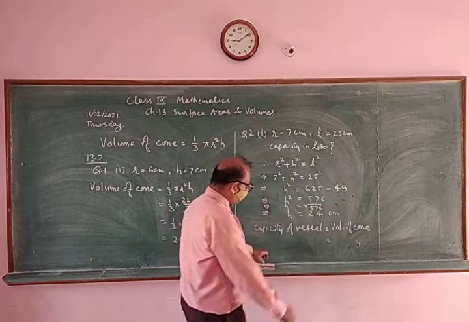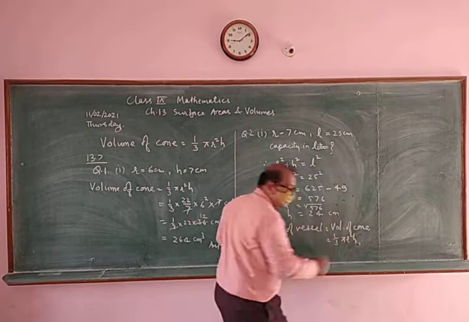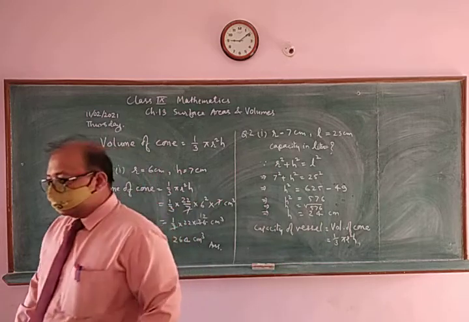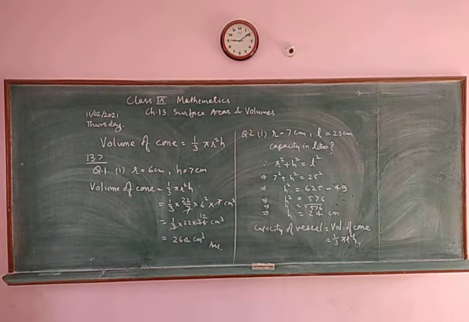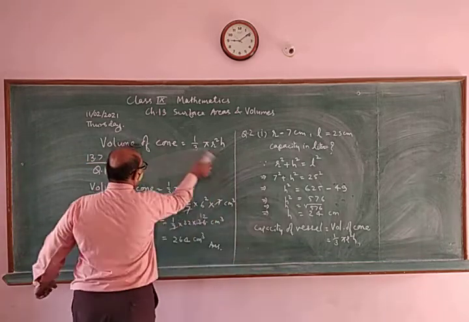Volume of cone formula is 1/3 pi r square h. Now put the values.